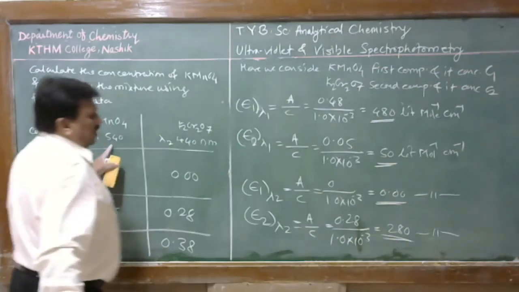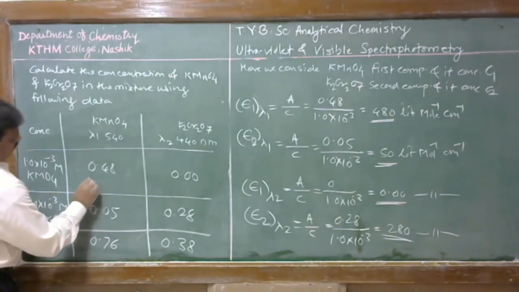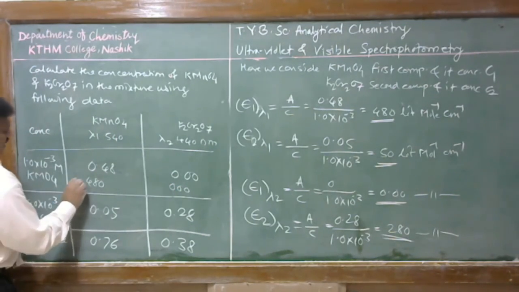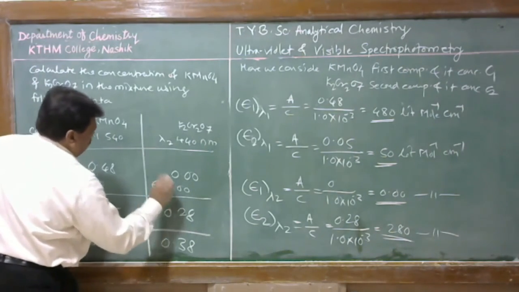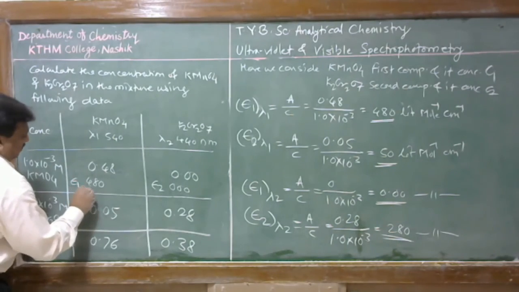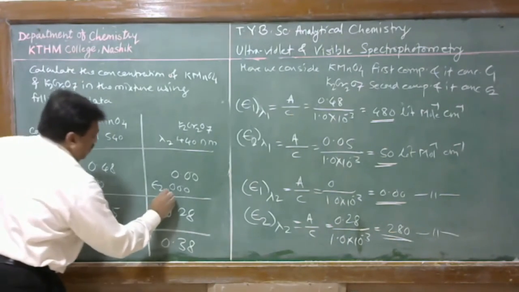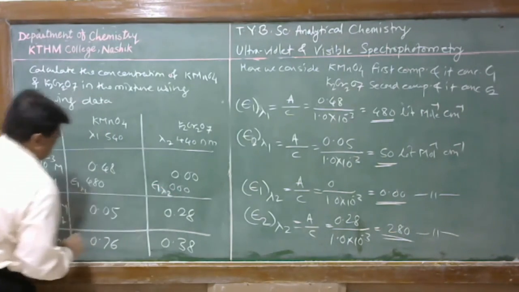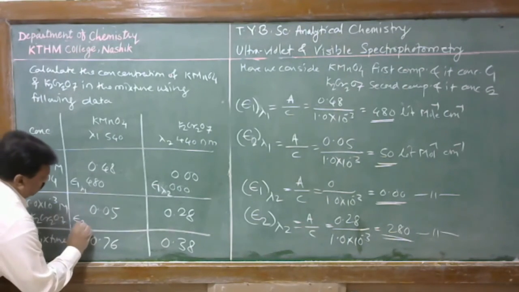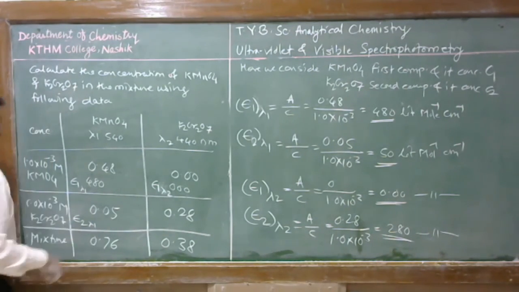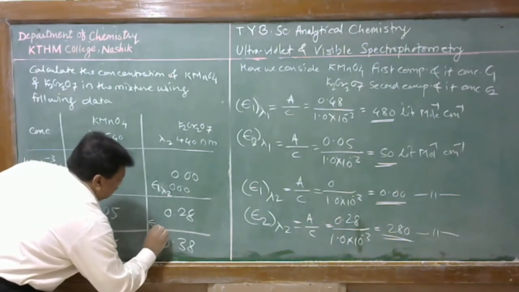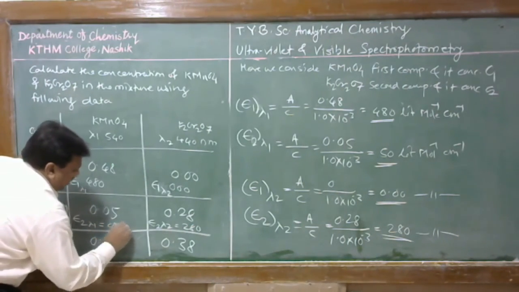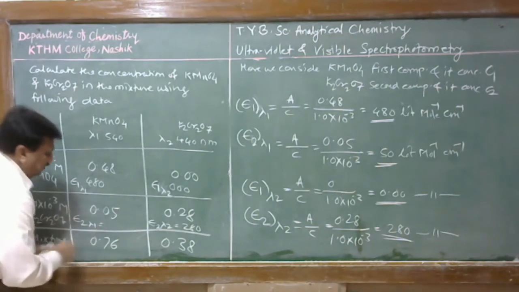Epsilon 1 at lambda 1 is 480, epsilon 1 at lambda 2 is 0, epsilon 2 at lambda 1 is 50, and epsilon 2 at lambda 2 is 280.